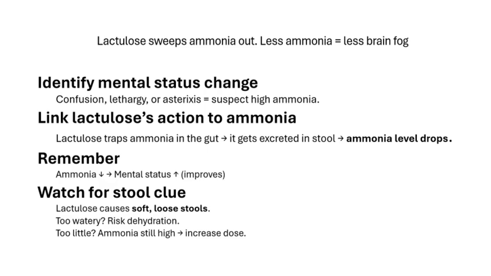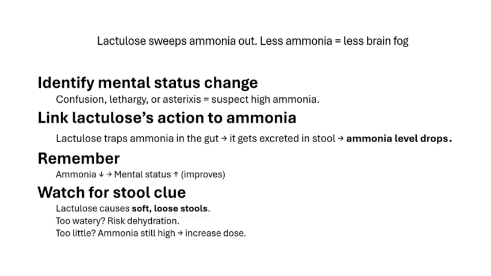Let's remember some tricks. Remember, lactulose sweeps the ammonia out and there will be less brain fog. If your question asks, after giving lactulose, which finding indicates effectiveness? Look for improved alertness, orientation, or decreased confusion, not just ammonia lab values.